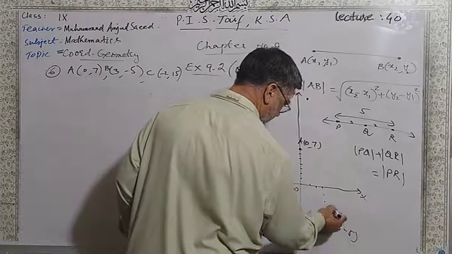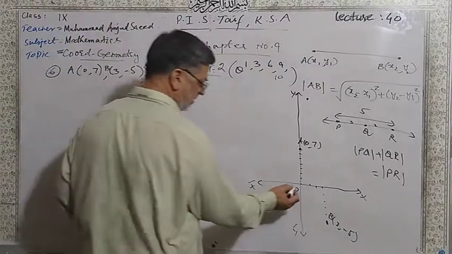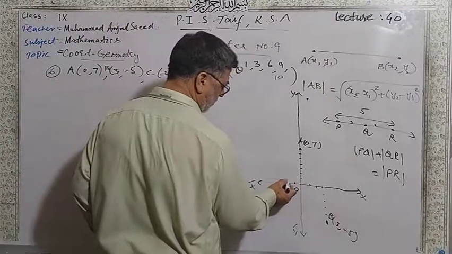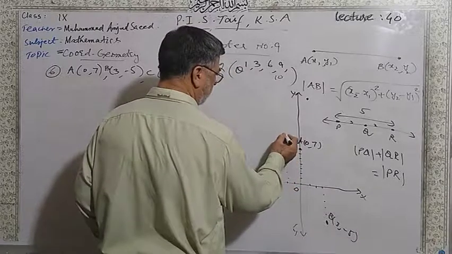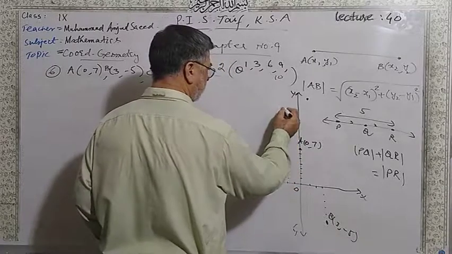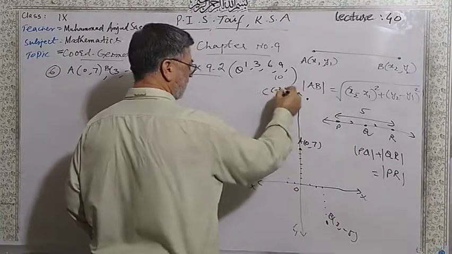This is B. C is (-2, 15). This is -1, -2, and then 1 up to 15 on the y-axis. This is C.